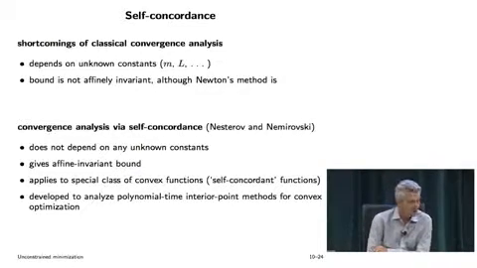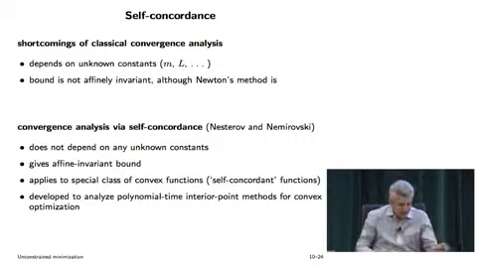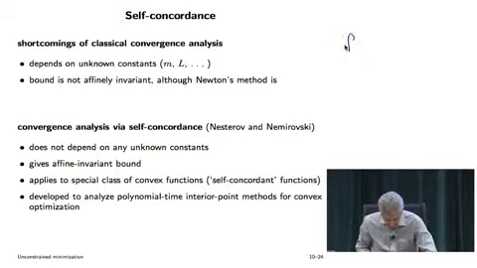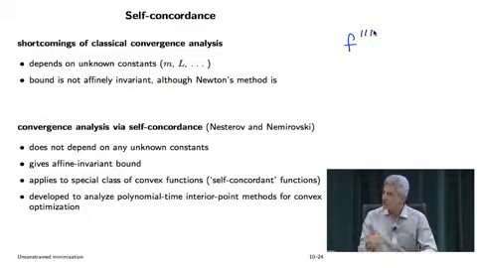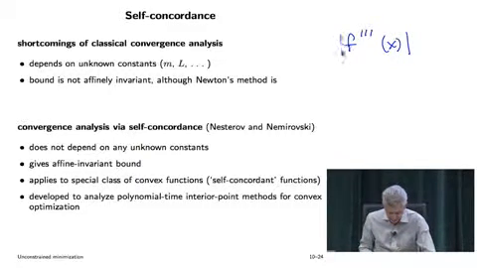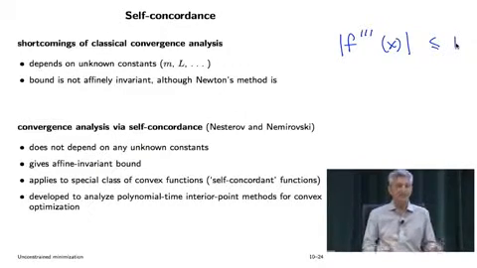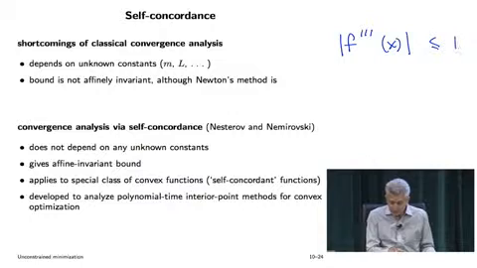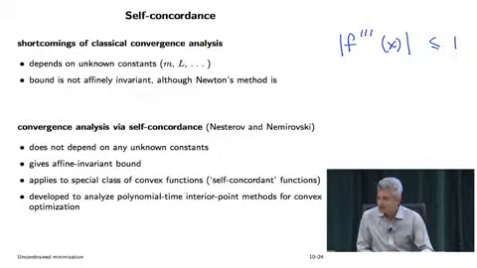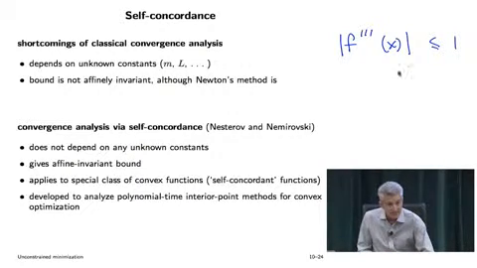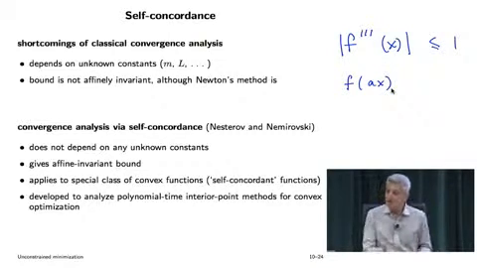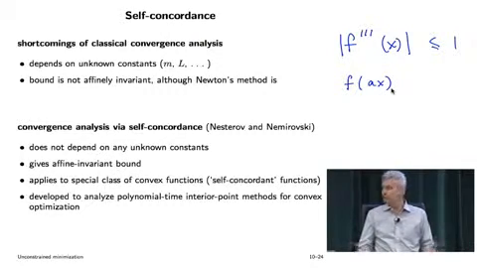Everybody got this? So here are things you cannot do. You cannot say something like this. You cannot say, f prime prime prime, I'll just take the scalar because it doesn't matter, is less than some number, like 1 or 2 or anything. You can't say that. Why? Because if I change coordinates here, for example, if instead of f, I look at f of ax, the third derivative will change by a cubed or something like that.